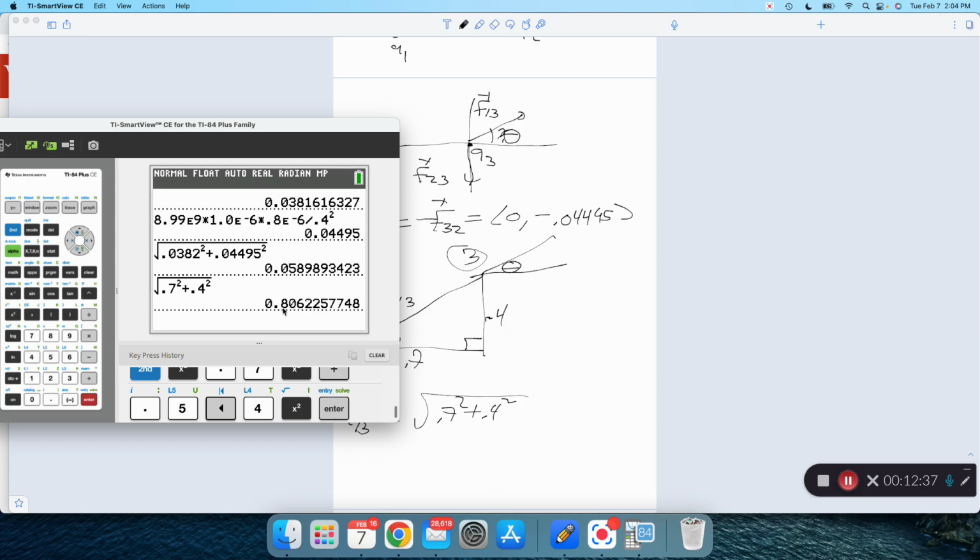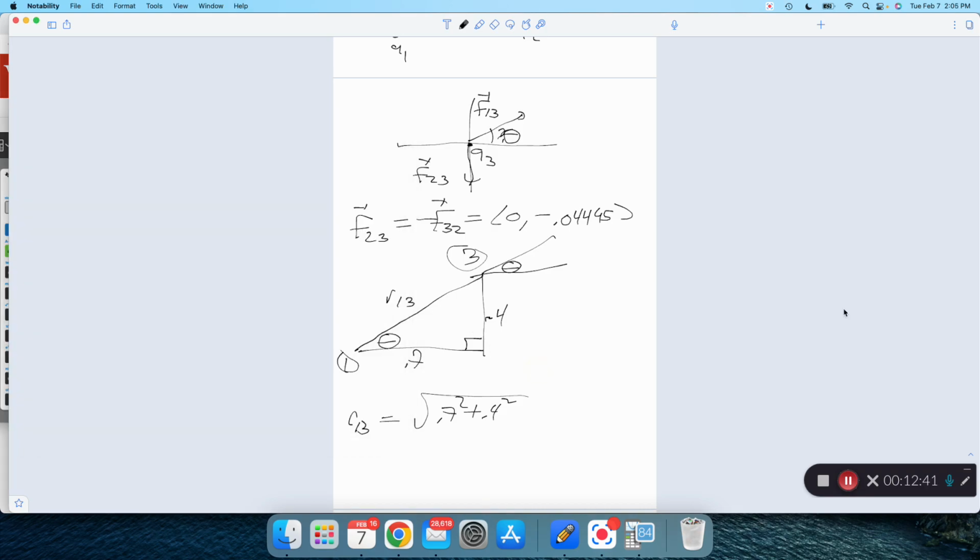So we'll call that 0.806. That should be rounded enough. That's the distance between them. The magnitude of the force, F1 on 3 magnitude, will be K, Q1, Q3 over their distance squared.